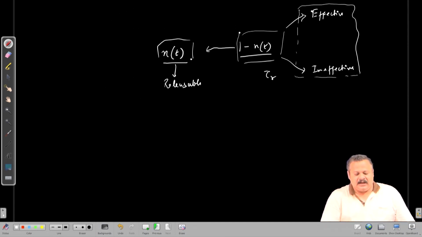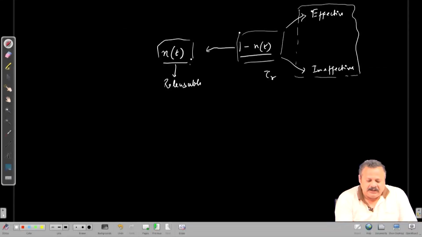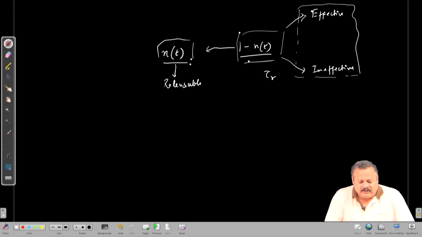However, there is nothing that will stop us from including the ineffective and effective pools in whatever model we are discussing. That can still be done. But just for simplicity, we are taking a two-state model: the releasable pool and the non-releasable pool, which can be in an effective or ineffective state.